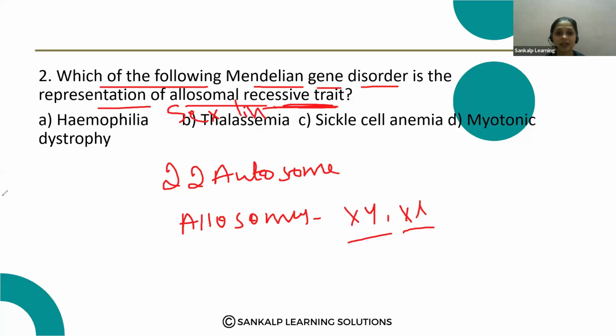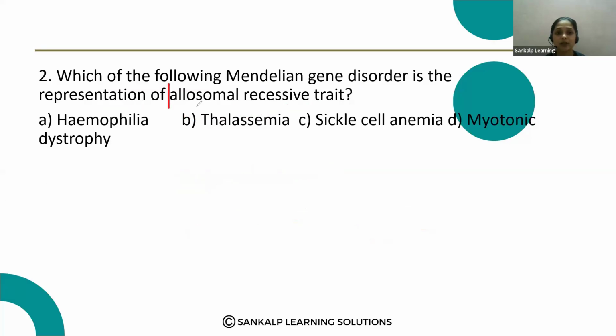Which of the following is sex linked? Allosome means that is not autosome, not a normal chromosome, that is sex linked. Here: hemophilia, thalassemia, sickle cell anemia, myotonic dystrophy. Here, thalassemia and sickle cell anemia are autosome related.